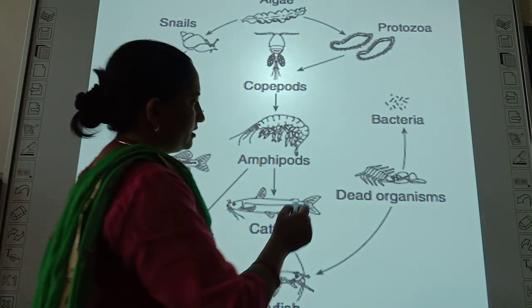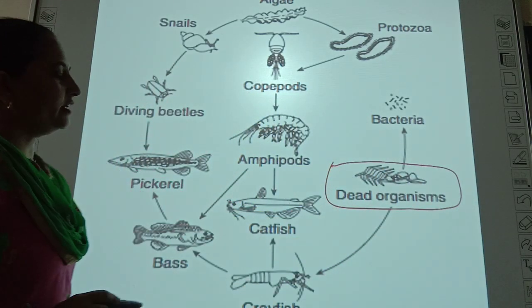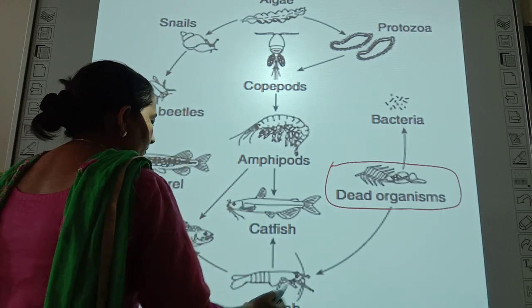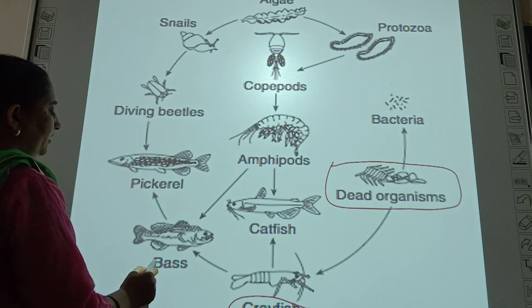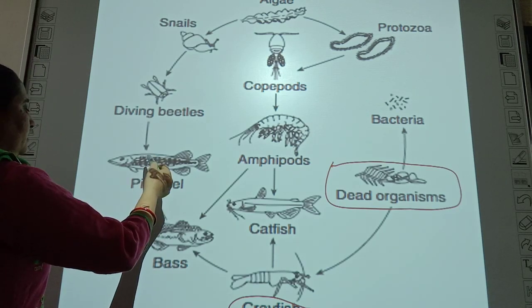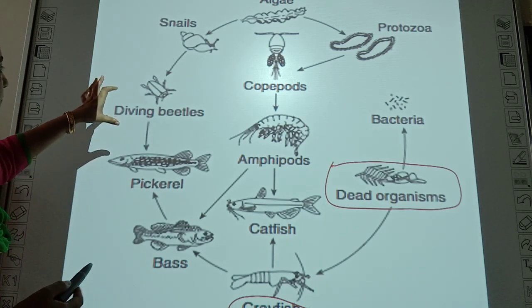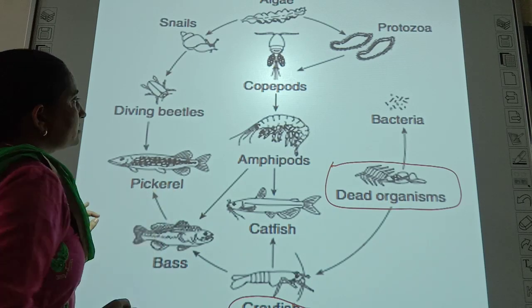Here some dead organism, this is the dead organic matter. This dead organic matter may be eaten by a crayfish. This in turn is eaten by other fish, and this is eaten by another, larger fish.